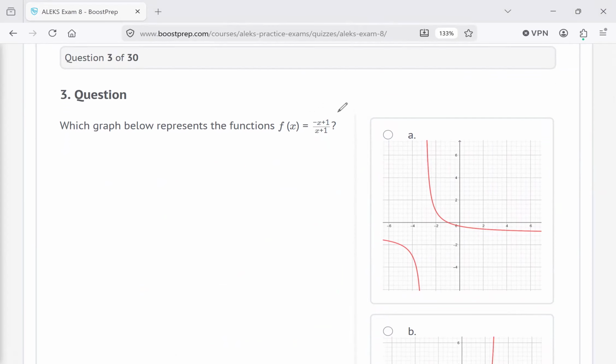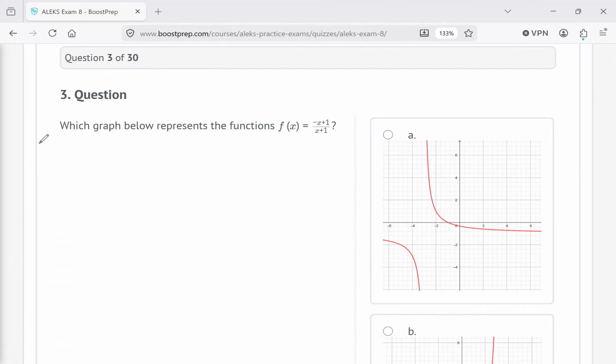It's a coordinate, and how do you know you have a hole? If you factor and something cancels, that means you have a hole. Fortunately, negative x plus 1 all over x plus 1 can't be factored anymore, so there's no holes. We can forget about that.